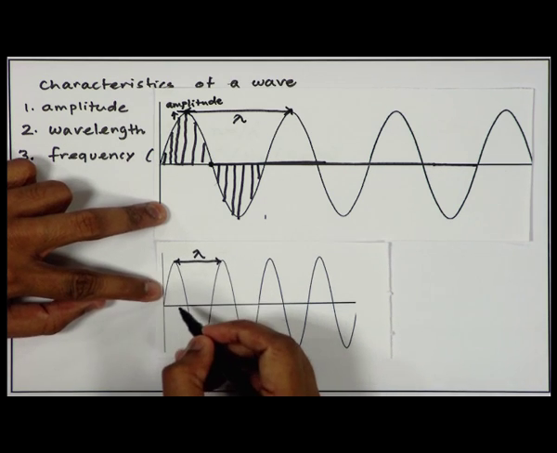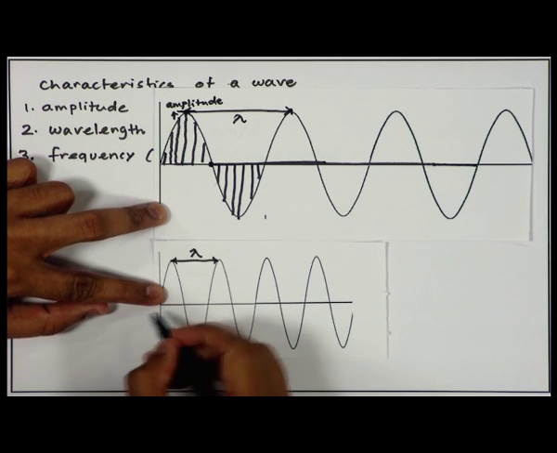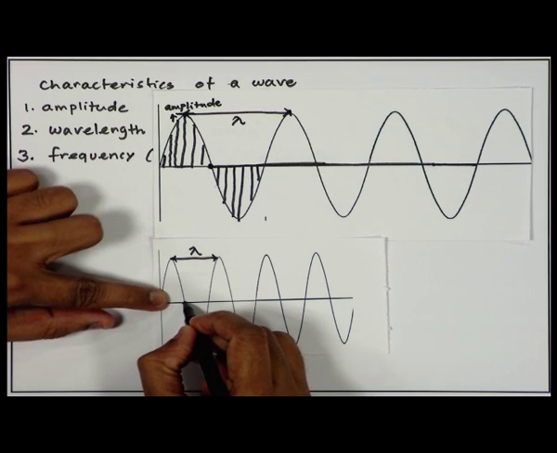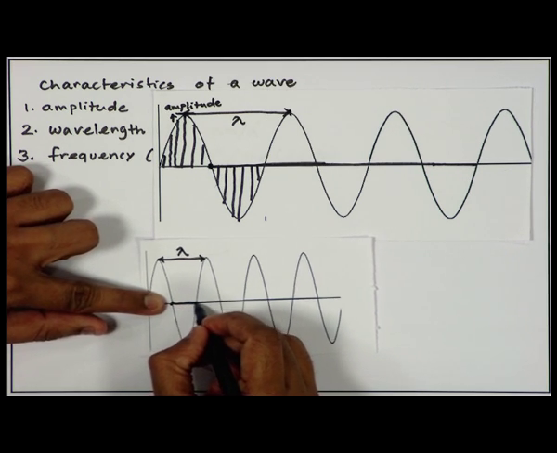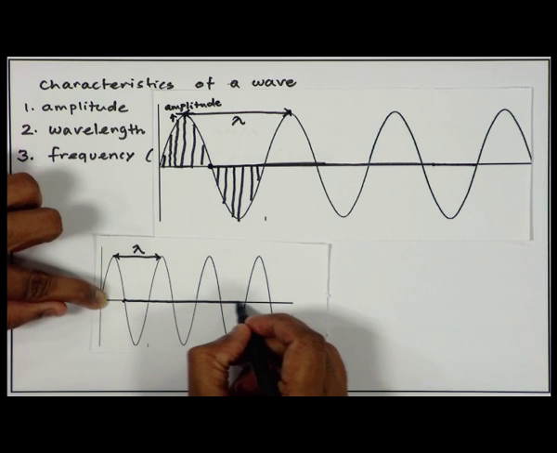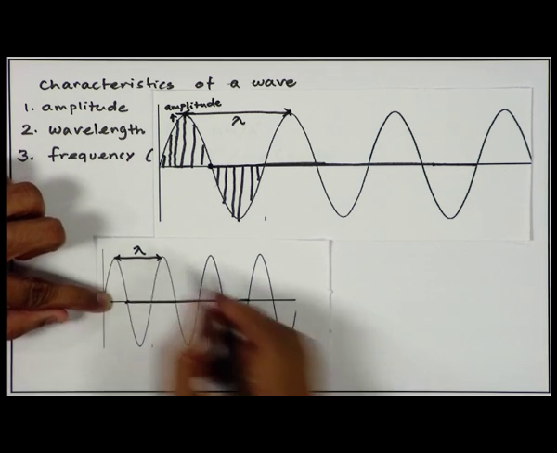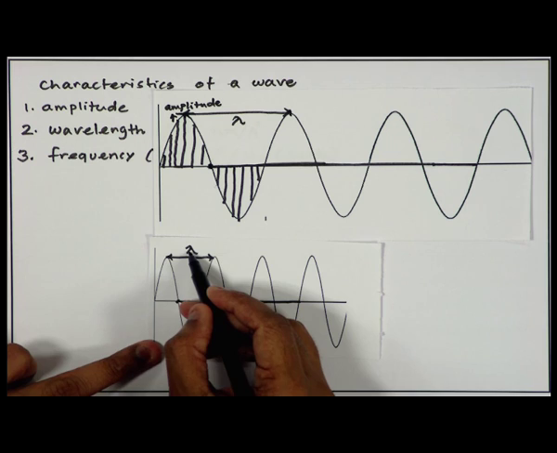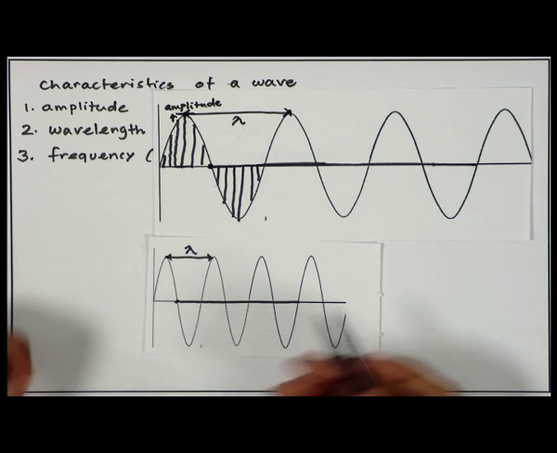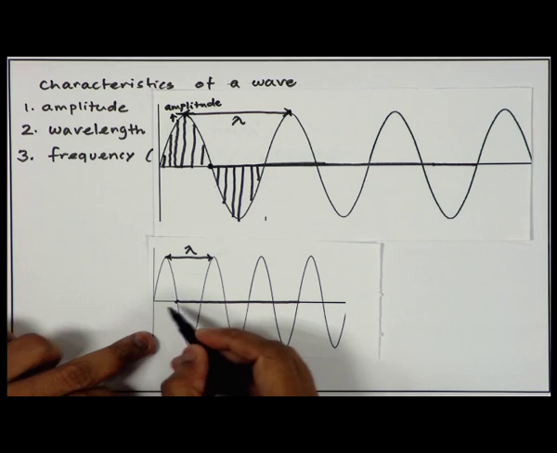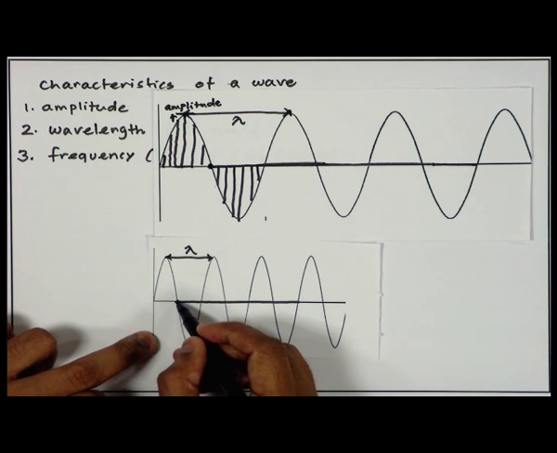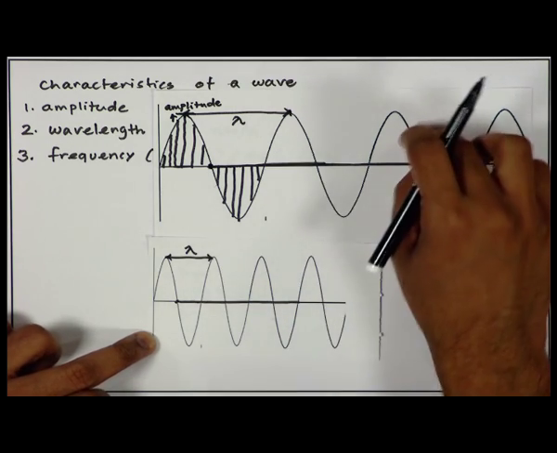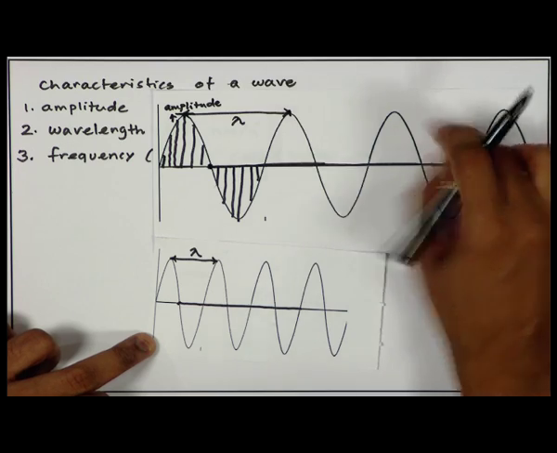To get the frequency I have to sit at one point, wherever I choose, move the wave so it propagates, and see how many wavelengths I cross in 1 second. Since the wavelength is small here, in a given time I will cross more waves than for the wave with larger wavelength.